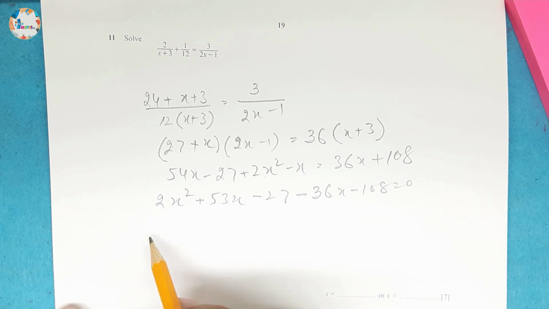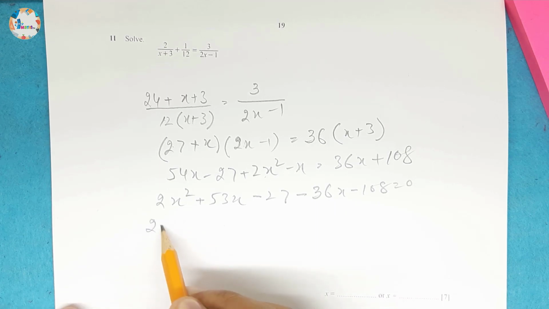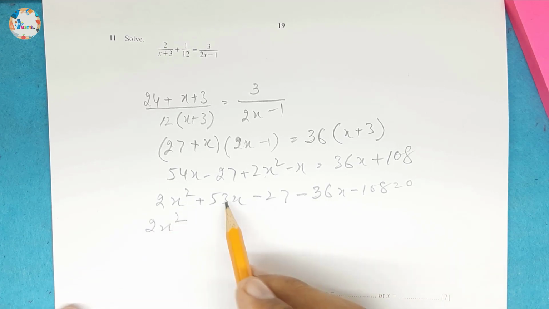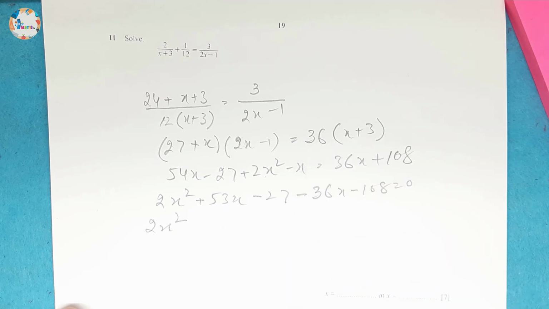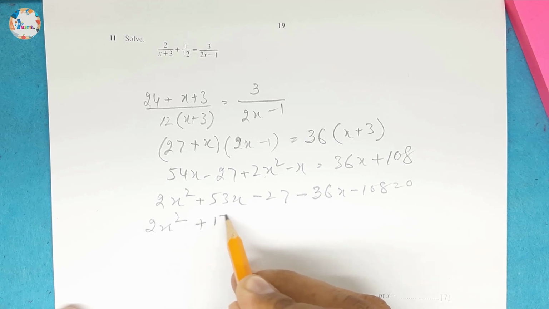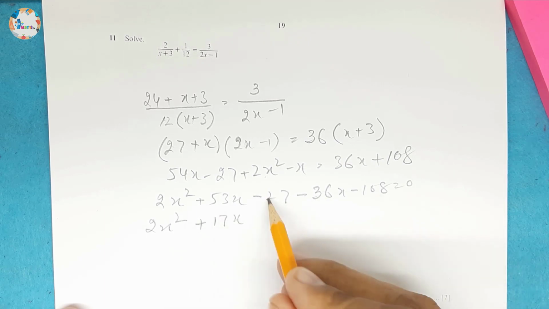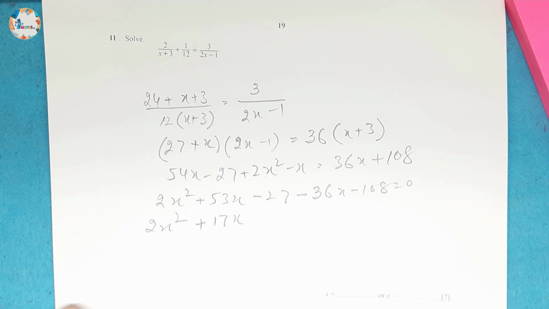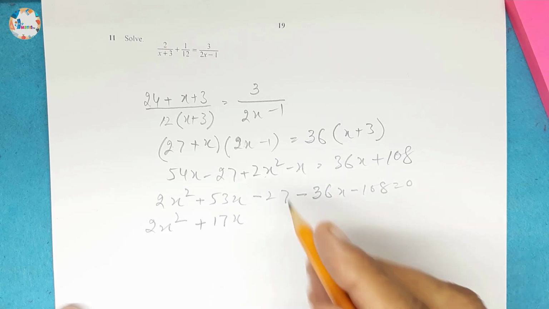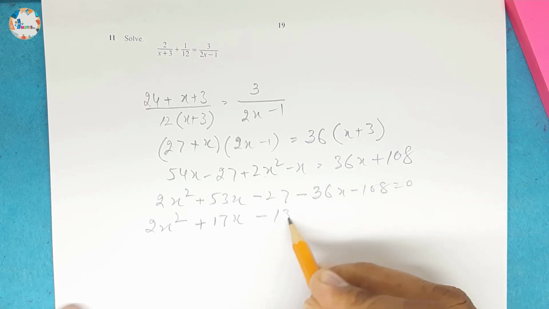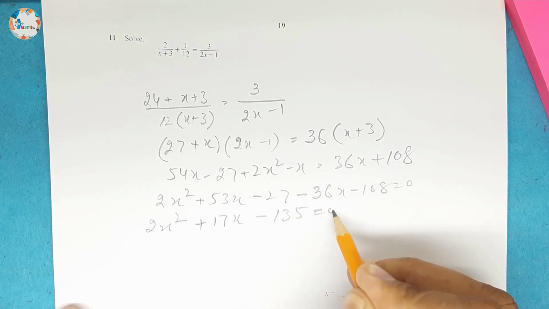Now we can simplify further. So this will be 2x squared and 53 minus 36. So 53 minus 36 will be resulting to 17, so plus 17x, and this will be resulting to 1 minus 27 minus 108 is 135, so minus 135 is equal to 0.